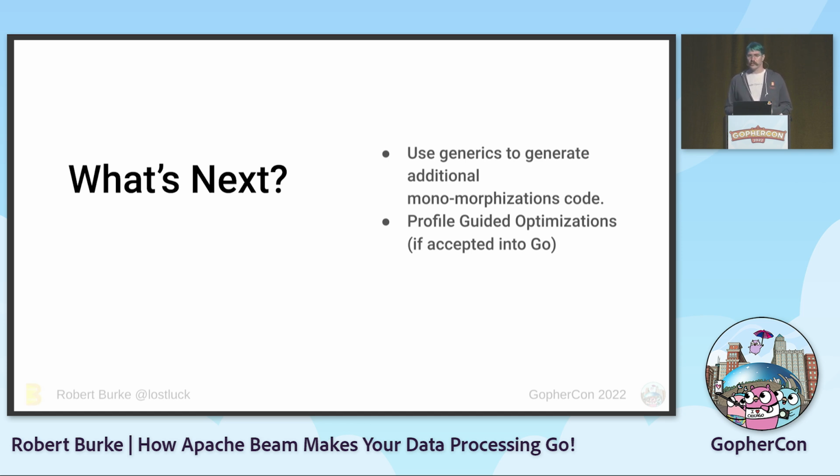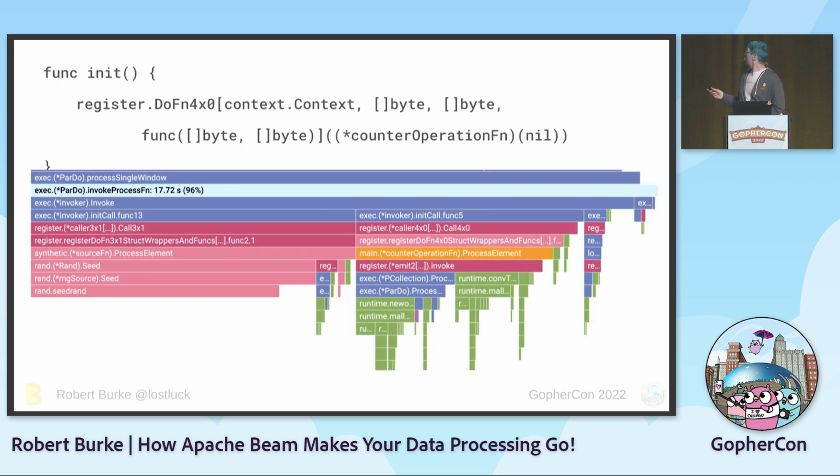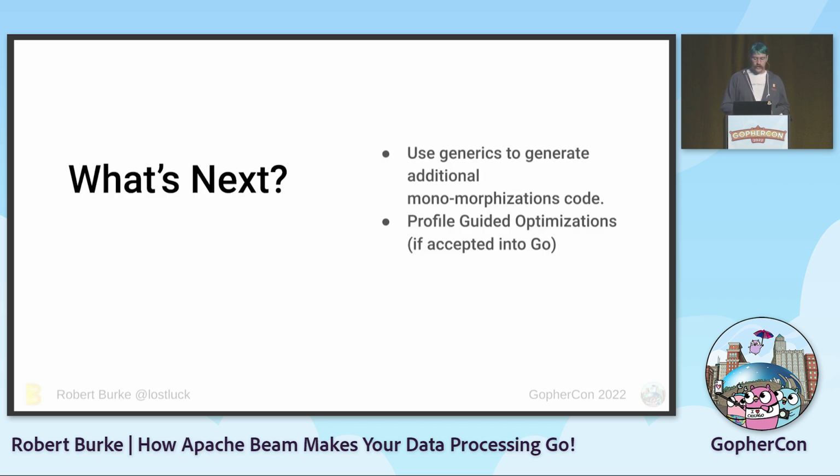So we can specialize our execution further and possibly get rid of other chunks of the framework overhead that is only loosely being shown by this small snippet of a profile. This combined with future compiler optimizations with profile-guided optimization, we should see further reduced overhead. So I'm very excited and following that GitHub issue very closely.